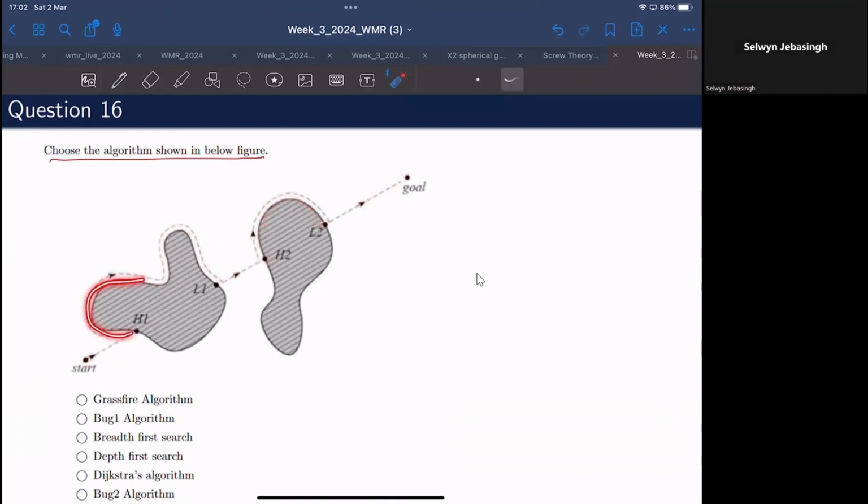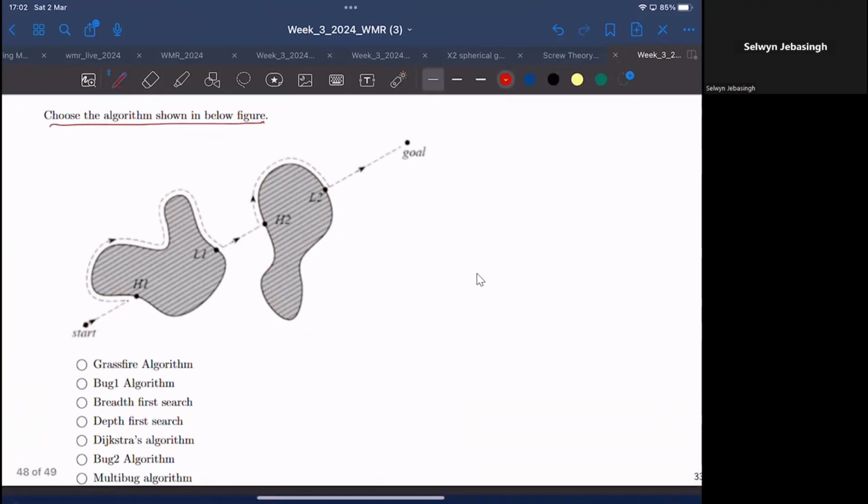Nowhere in this graph can you see it fully encircling the obstacle. So out of Bug1 or Bug2, it should be fairly obvious that Bug2 algorithm would be the correct choice, because the correct answer can only be Bug1 or Bug2.